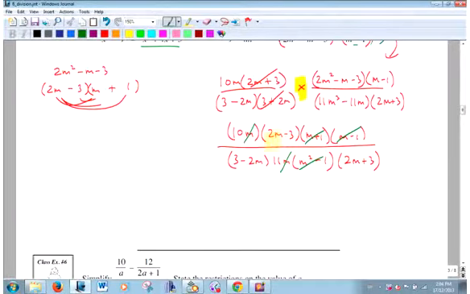Now, someone's saying this kind of looks like this, but not quite. So, you know what? Let's just rewrite it. I'm going to go over here. 2m minus 3. I got 3 minus 2m times 11 times 2m plus 3. Oh, thank you. Ooh, and yes, so now you make sure you got to bracket those, right?